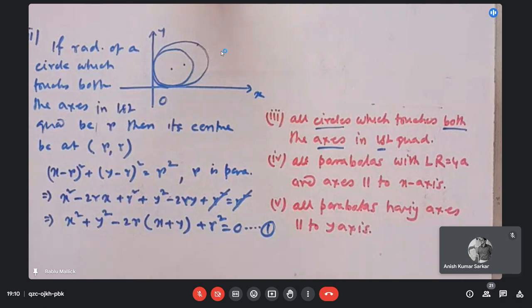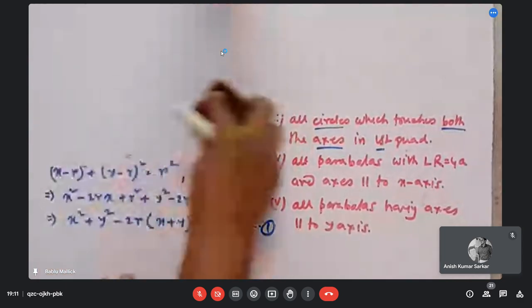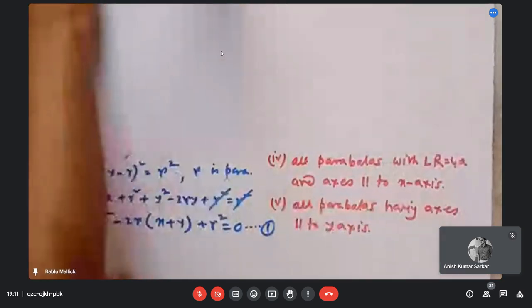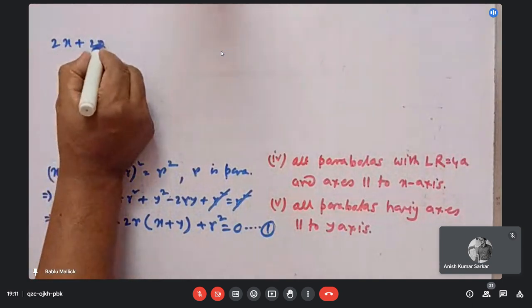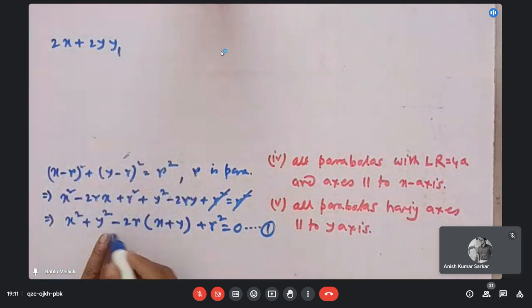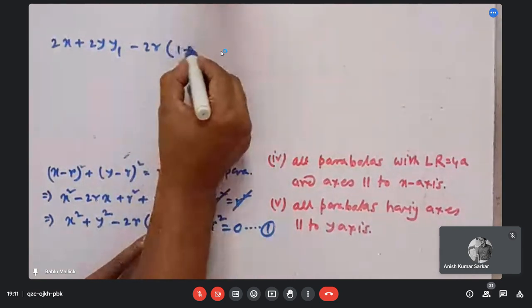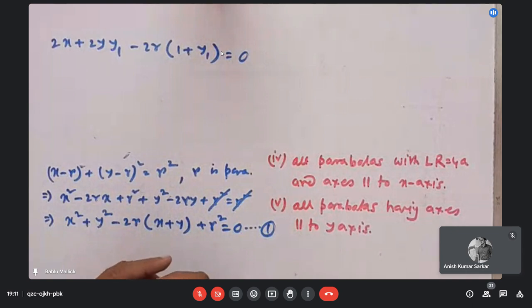differentiate this. Write, differentiating 1 with respect to x we get twice x plus 2y into dy by dx, minus twice r into its derivative 1 plus y1, is equal to 0.